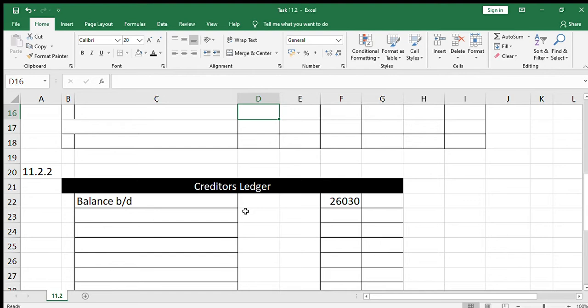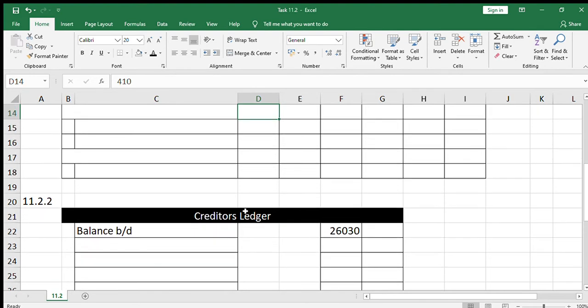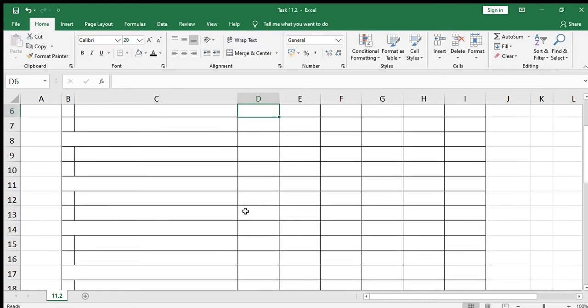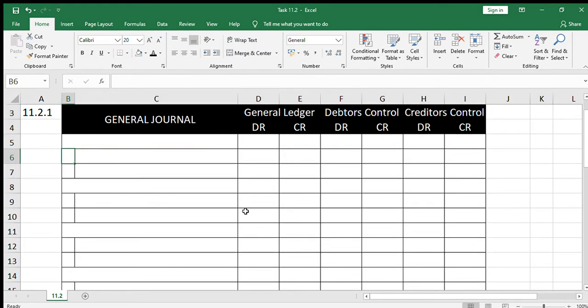column. So if there's a mistake in our books, we'll go to the general journal, and we're going to record it in the general journal. So our journal entry is debit creditors control, Umgeni Shoes.